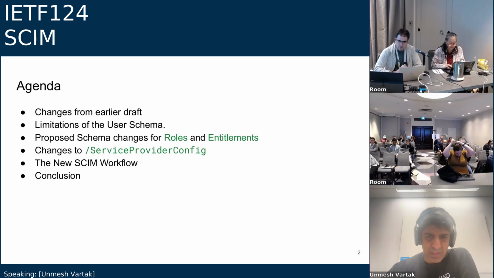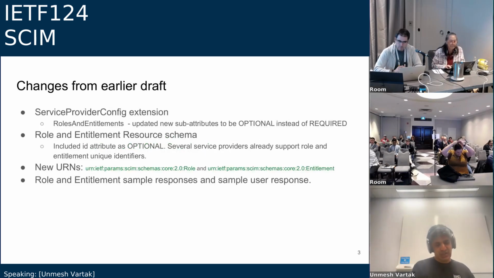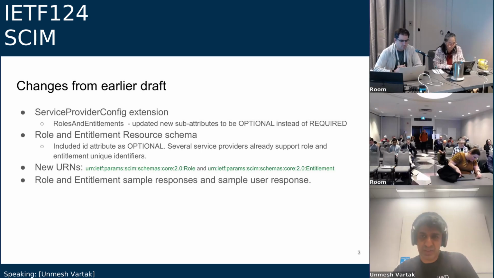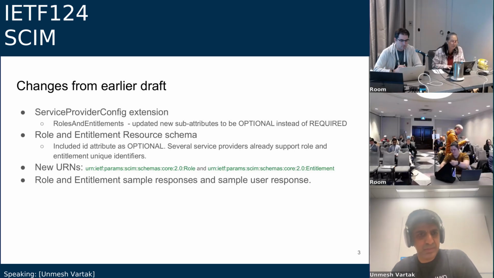Here's a quick agenda. If anybody has reviewed the earlier draft from Danny, what we have changed in this draft is there are only very minimal changes. We updated the new sub attributes. Some of them were marked as required, so we changed them to optional, specifically the sub attributes under roles and entitlements. We included the role and entitlement resource schema, again including the ID attribute as an optional attribute, because we saw that several SCIM service providers do have identifiers associated with the roles and entitlements.